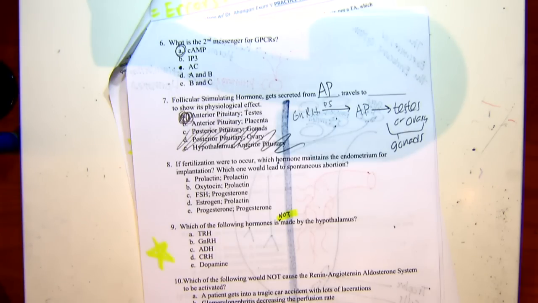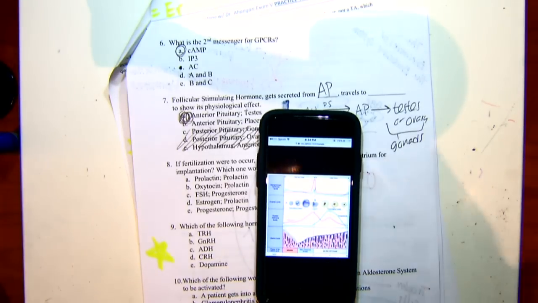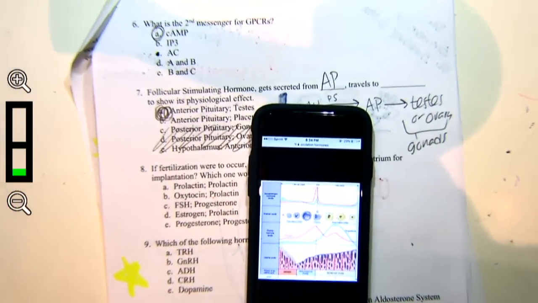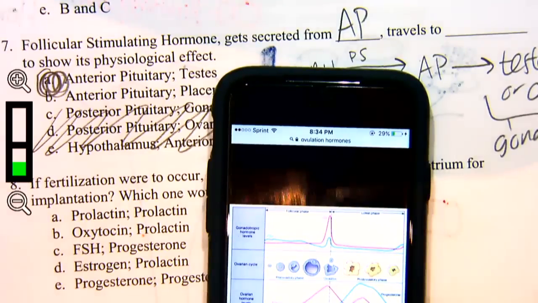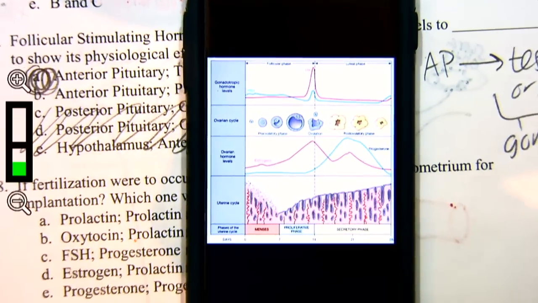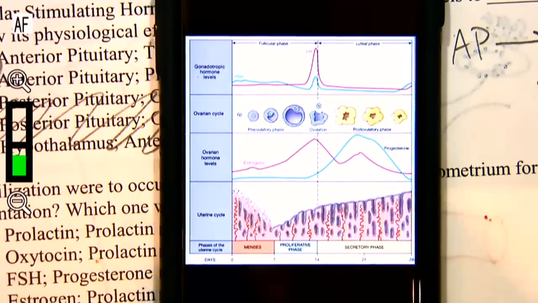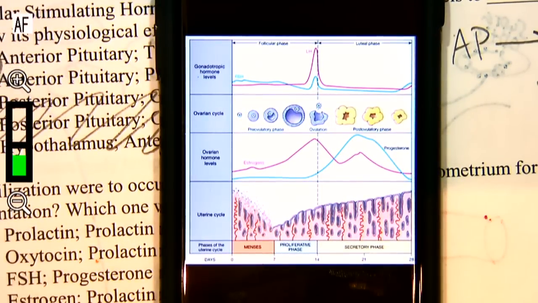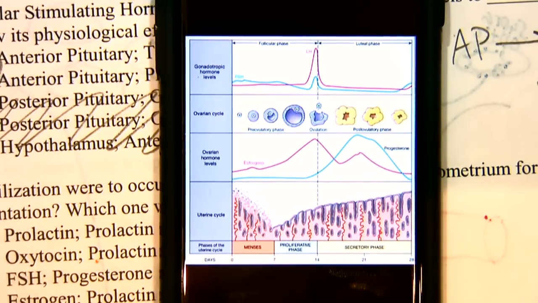I wish I could pull up the camera for you, but we gotta work with what you get, so here's my phone. Can you all see that? This is basically the female fertility chart with what hormones are going up, what's happening to her endometrium, and all that good stuff.